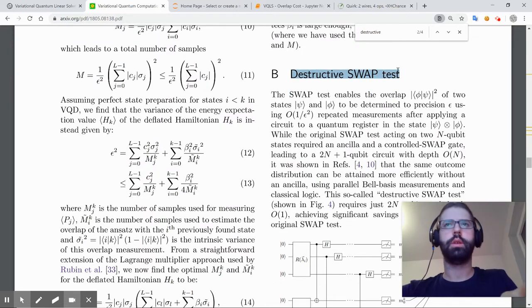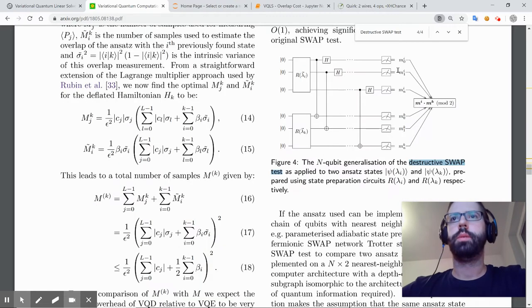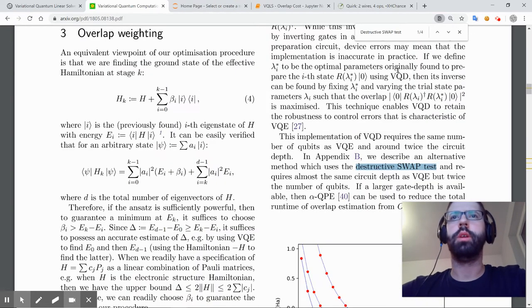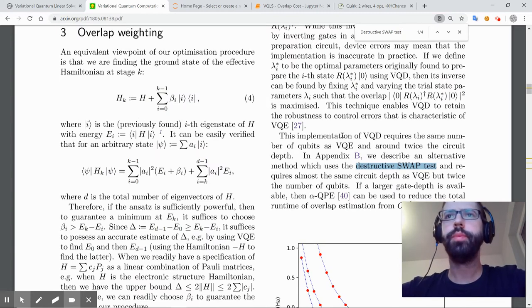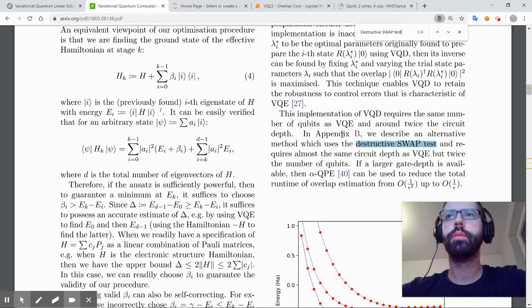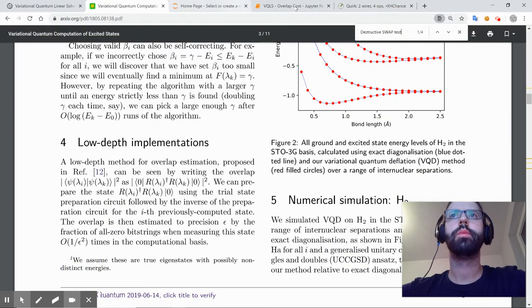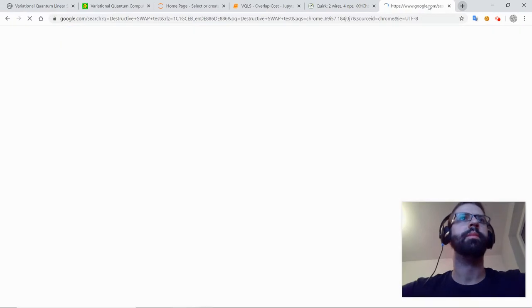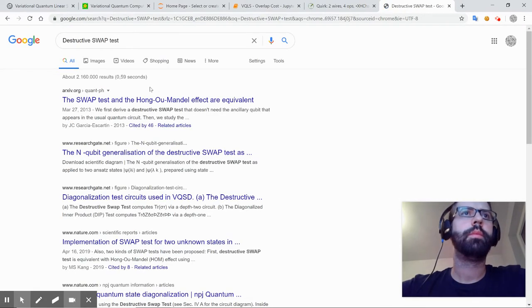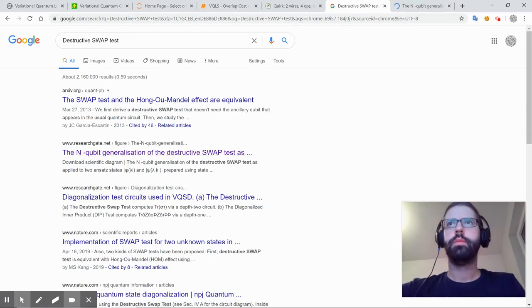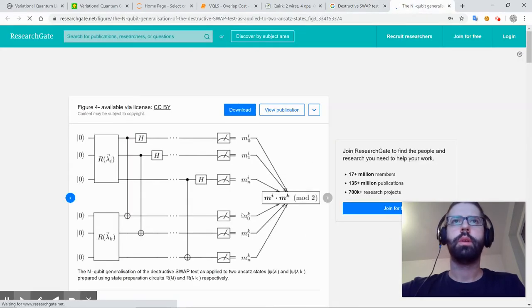Destructive swap test. Okay, just mention here. Oh, here you go.